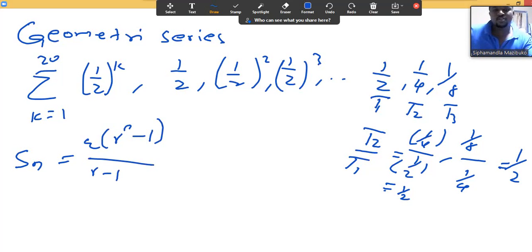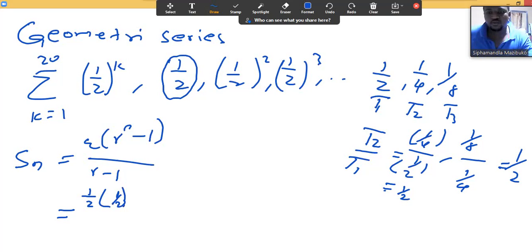From this example, our first term is 1 over 2, our ratio is 1 over 2 as well, and our n is 20.